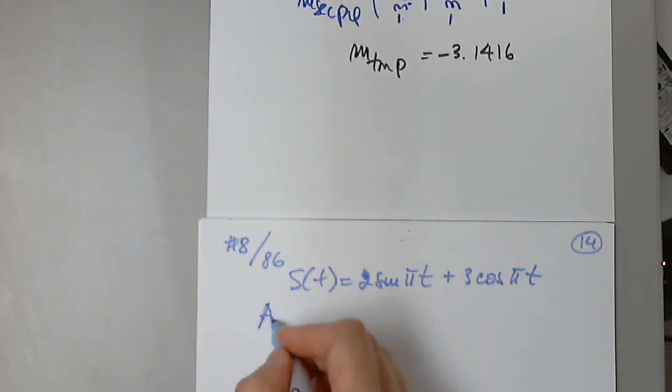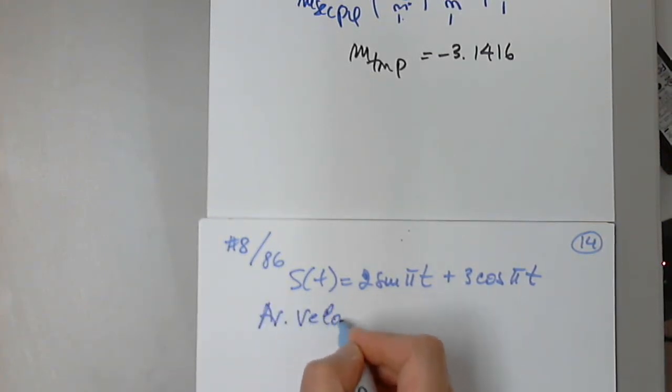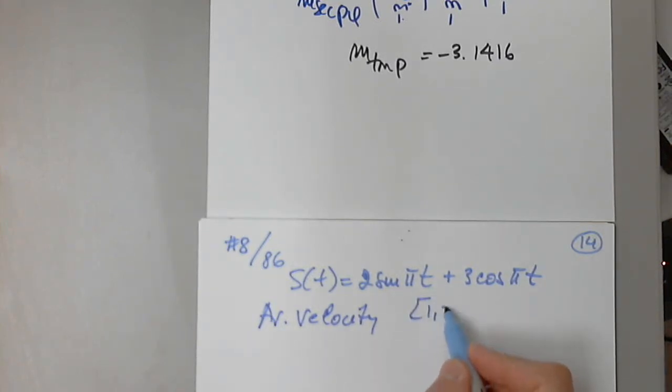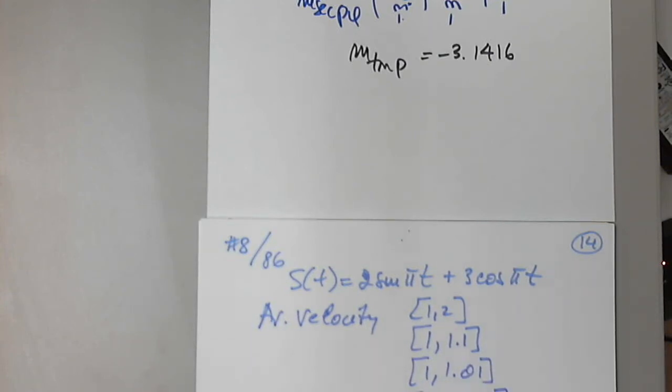Find the average velocity between 1 and 2, between 1 and 1.1, between 1 and 1.01, and between 1 and 1.001. And then estimate the instantaneous velocity.